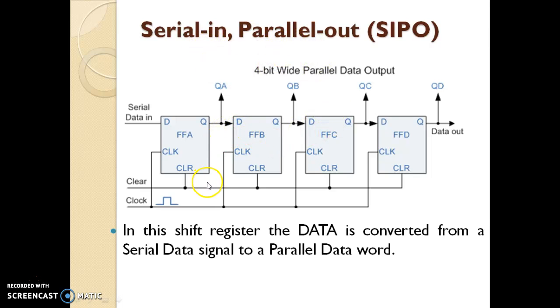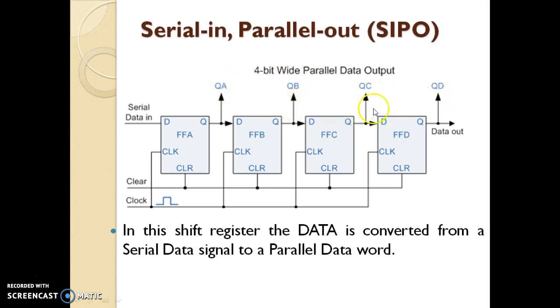Now in this case the data is applied in a serial manner. So the input is serial while the output is parallel. Whatever data is transferred serially here is available in parallel form simultaneously at the outputs of the flip-flops, that is QA, QB, QC and QD.